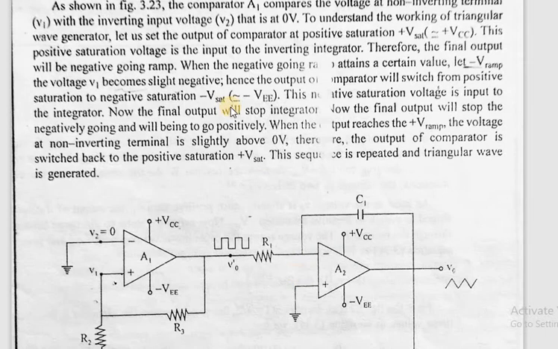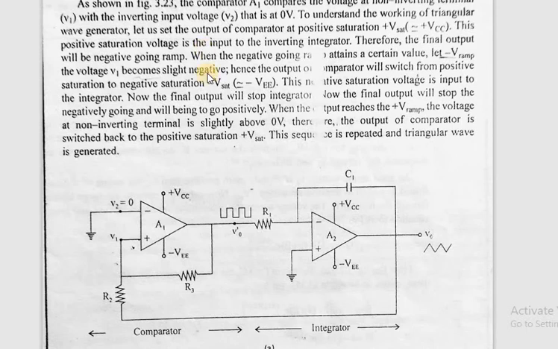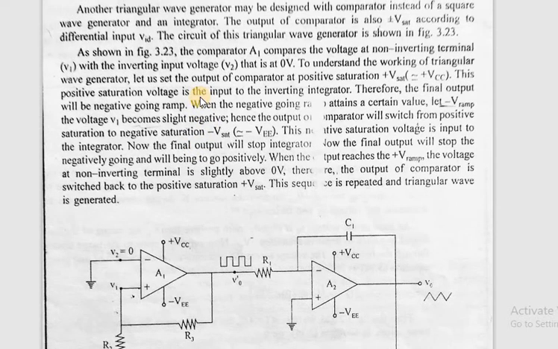Now in the diagram you can see two op amps, A1 and A2. A1 is used as a comparator, and A2 is used in an integrator circuit. First of all, comparator A1 compares the two voltages at the non-inverting and inverting ends.